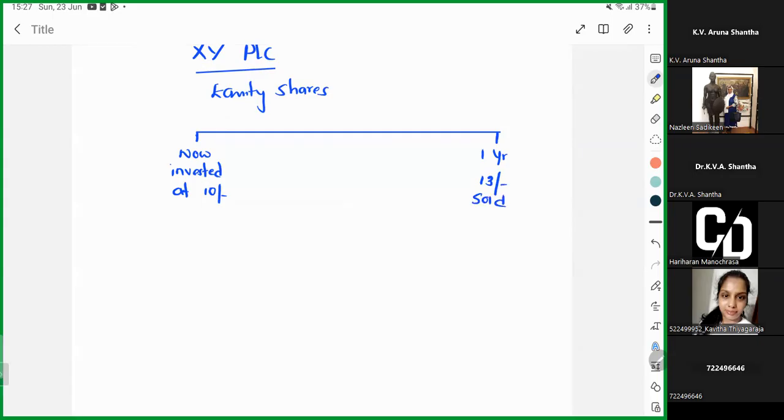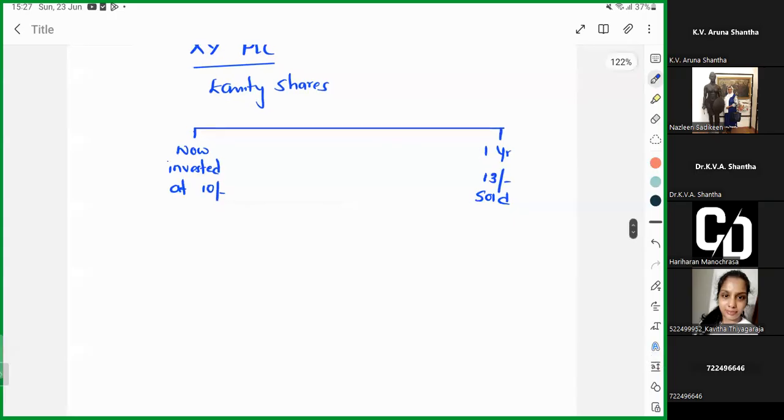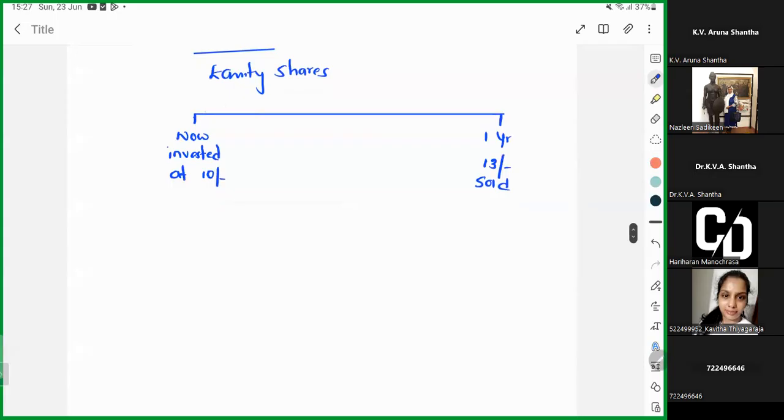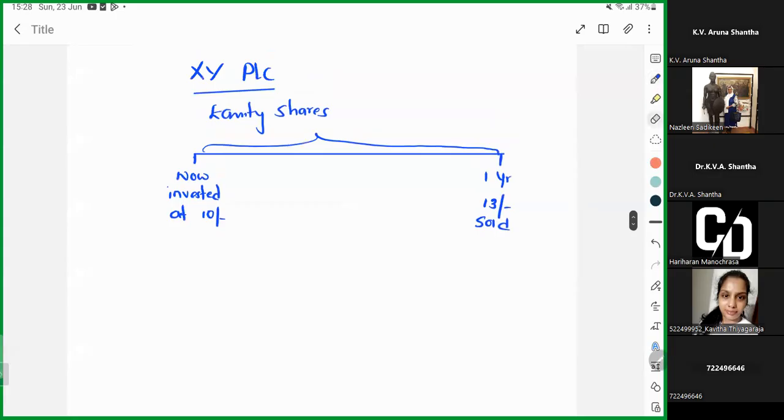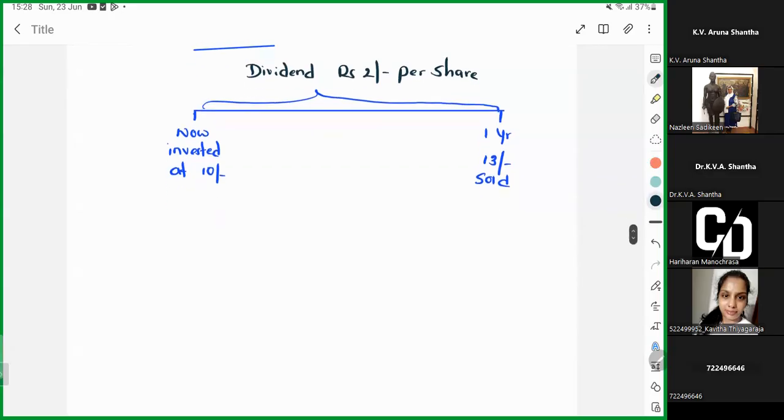During the year, let's say you received a dividend of rupees 2 per share. How much is your total return?